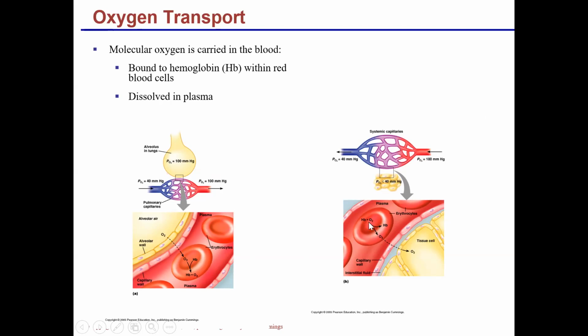That's called oxygen unloading. The oxygen will diffuse out from the blood and get into the tissue cells. This movement is simple diffusion, because there is more oxygen in the blood and less in the tissue, so oxygen goes from the higher pressure point to the lower pressure point.